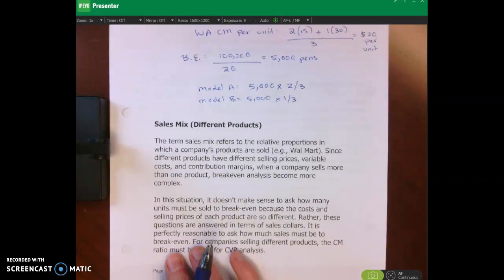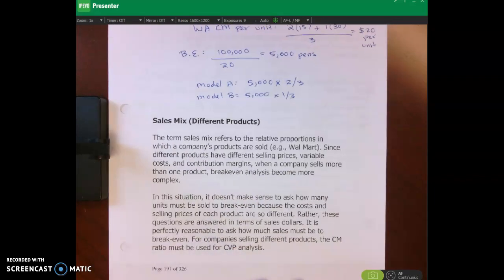So we can't break it out and say we're going to sell 5 rolls to break even for a Walmart store, or that we have to sell 10 rolls of toilet paper, 5 toothbrushes, and 50 humidifiers. We can't estimate the sales mix at that level of detail.